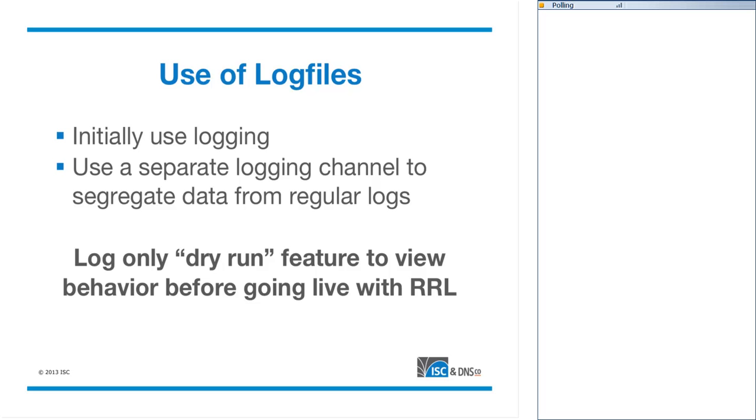If you have one log file, like say named.log, depending on how much traffic you get, it will completely overwhelm it. And you don't want to have to go through and grep out the changes and extract that information. Just keep it to a separate channel. It'll write to a separate log file, and it'll keep your existing logging clean. Okay, excellent.